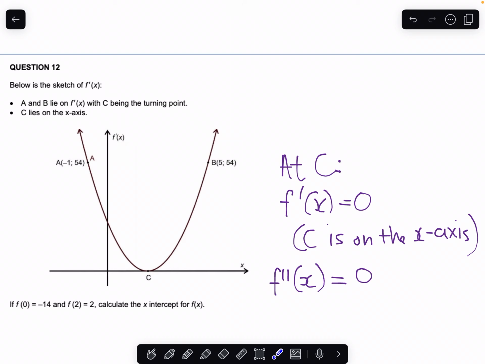So the first derivative of this function is actually the second derivative of f. So what it tells us about f is that at C we have a point of inflection.